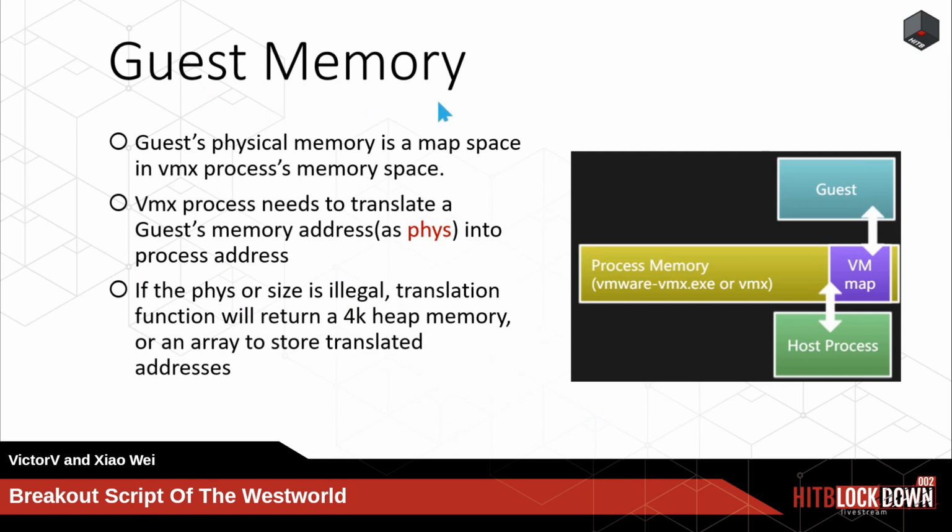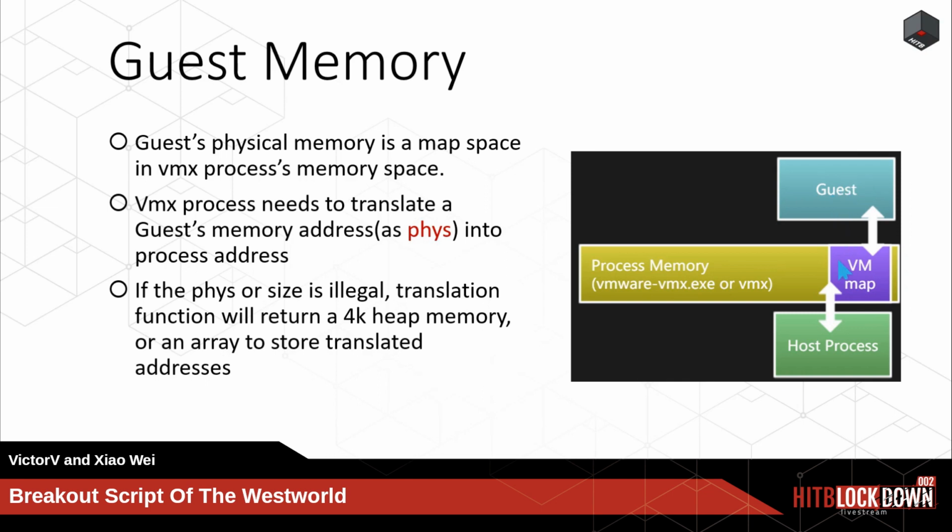Guest memory. At first, let's find out where the guest physical memory is. Look at the picture. The yellow rectangle represents process memory. The purple rectangle named VMmap represents guest physical memory.